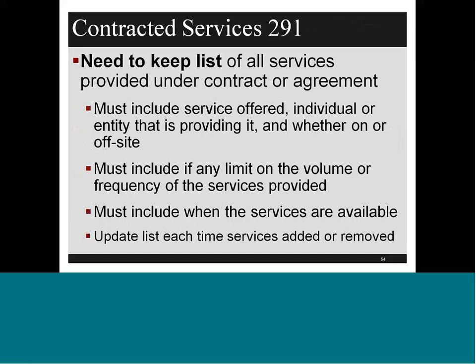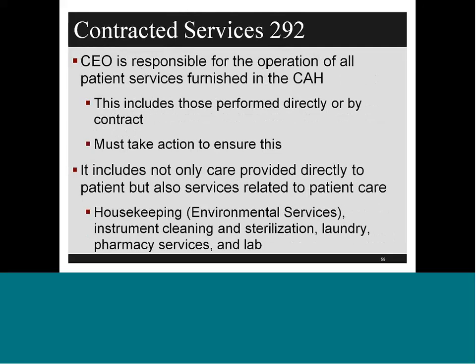Tag 291, again, just like all hospitals, you need to keep a list. You need to have everything on the list. You need to update it. If you add something or take it off, that's why electronic is good. And the CEO is actually responsible to run the whole hospital, including their responsibility for contract management. And also it includes services provided directly to the patient and services that are related to patient care.